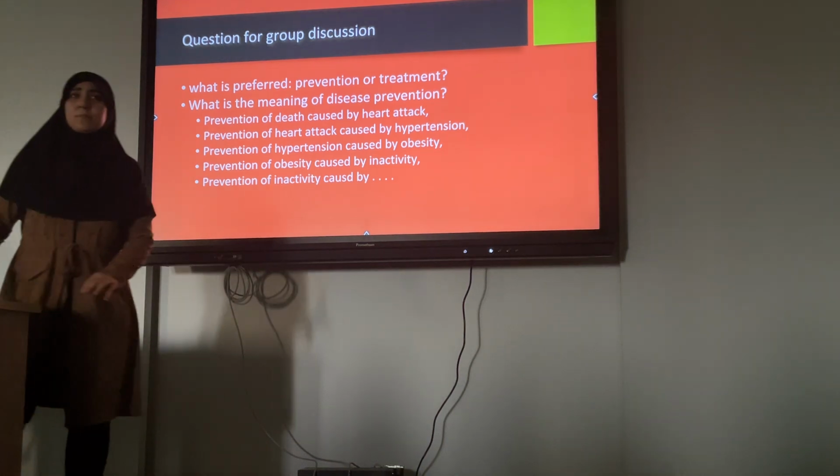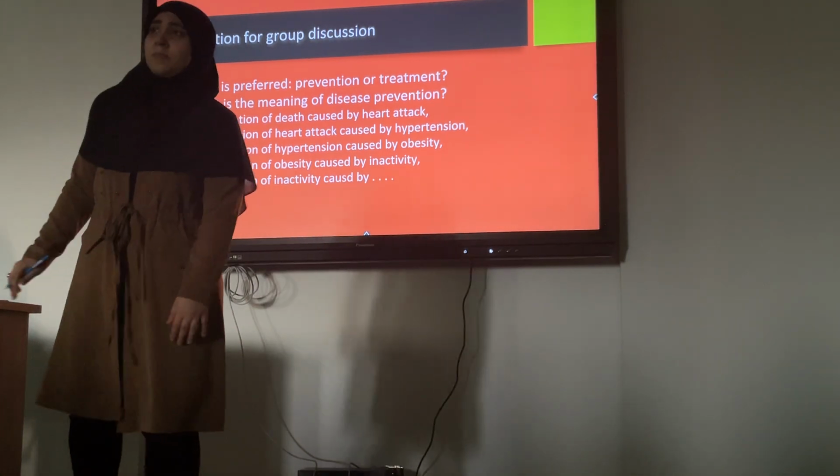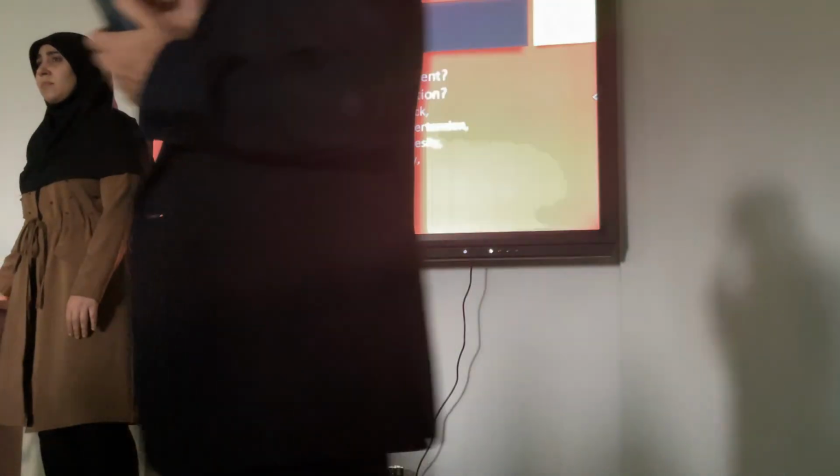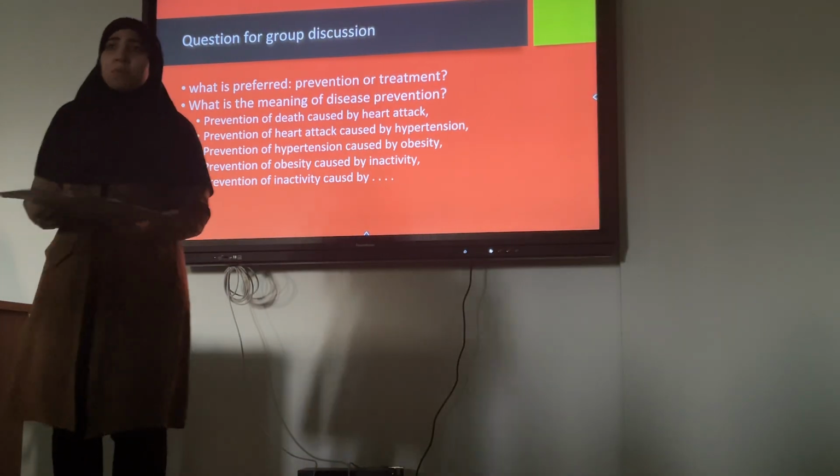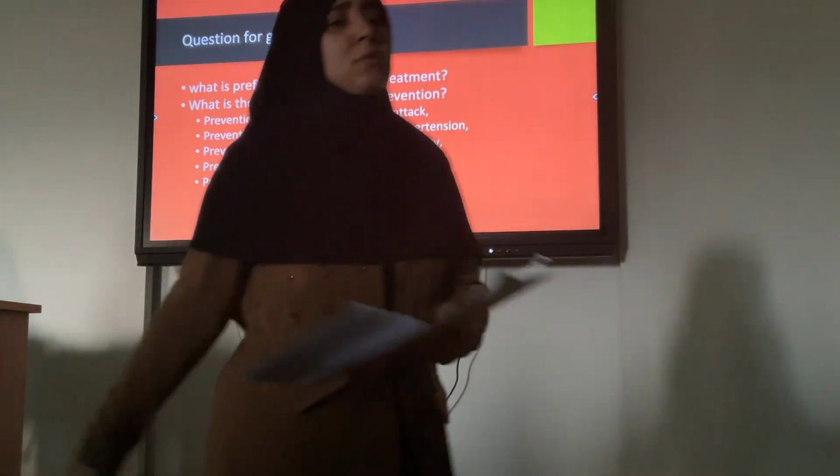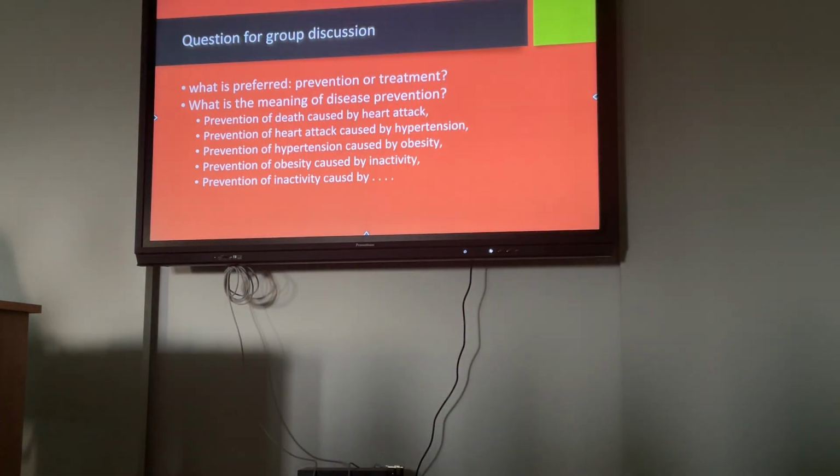When we are familiar with health-related states and events, we know that for prevention, we should reduce exposure to risk factors, and we should increase exposure to preventive factors.